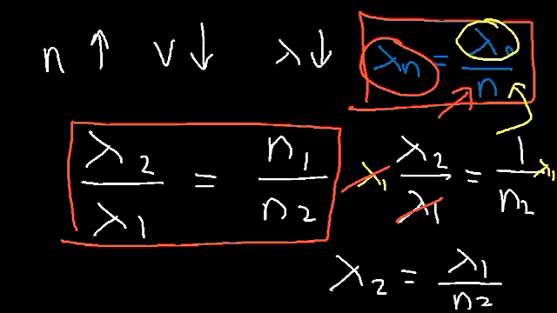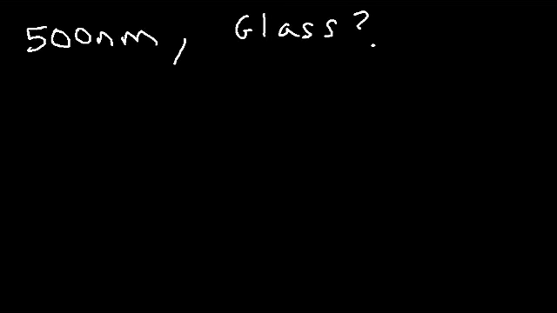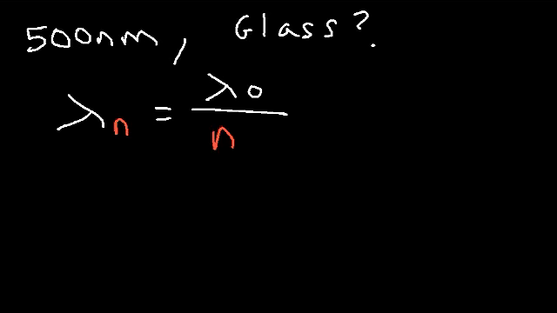So let me give you an example problem. Let's say the wavelength of light in a vacuum is 500 nanometers. What is the wavelength of light in glass? So all we have to do is use this equation. The wavelength of light in a material is equal to the wavelength in a vacuum divided by the index of refraction of that material.